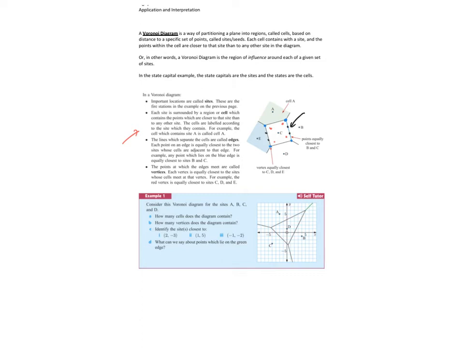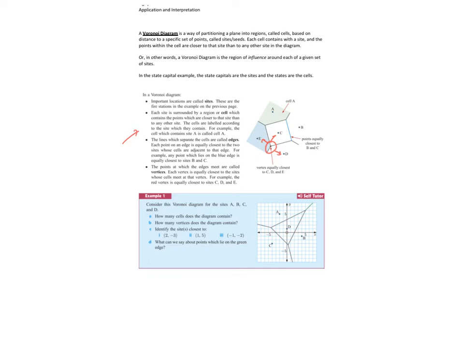So for example, it says the red vertex is closest to sites C, D, and E. Let me go ahead and erase this region here so you can see. Okay, so they're talking about this. That vertex is equally as close to C as it is to E and D. Okay, so not too difficult.